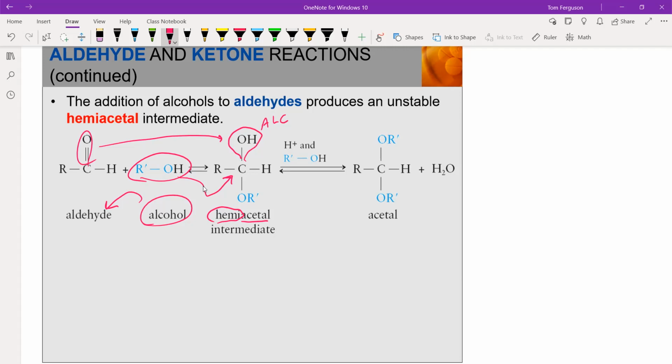If that isn't stopped, the alcohol can continue and adds on to the OH and becomes a full acetal. Now, an acetal has an oxygen, carbon, oxygen bond.